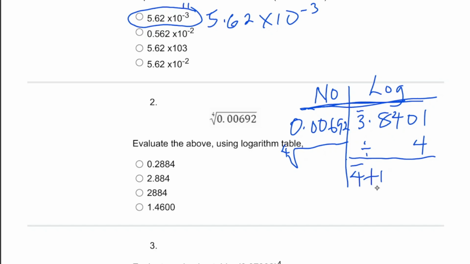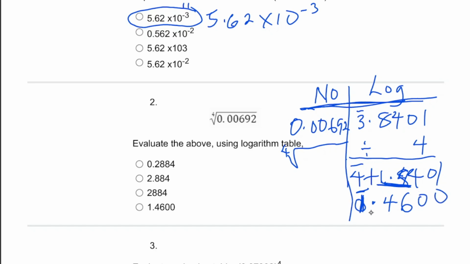So in that case we're going to say bar 4.8401. Let's now divide it. 4 in 4 is 1. That is bar 1, all right? Because we cannot have a negative bar. Exactly. So minus 1 point. So 1 and 8 come together: 4 in 18 is 4, remainder 2. In 24 is 6. In 0 is 0, and in this is 0. This is what we're going to have.